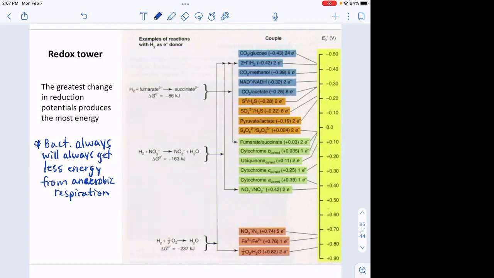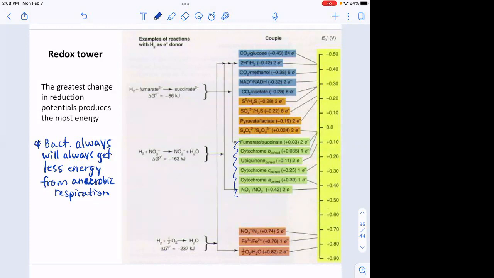And the reason is, remember I said we can measure electron potentials. We stick these electrodes in cells. It's kind of astonishing that we can do this. But that's how we know the order of the electron carriers. You recognize some of those here, cytochromes, ubiquinone.